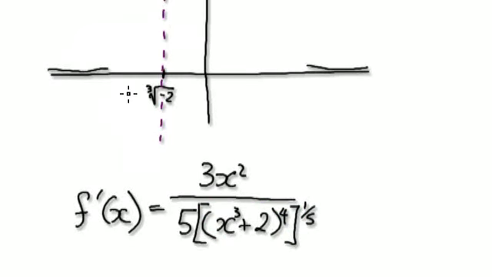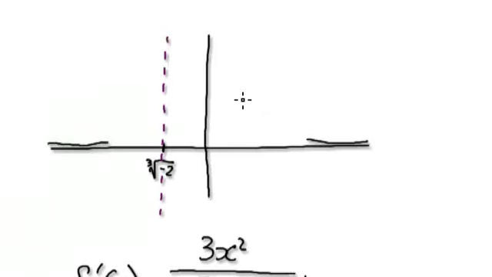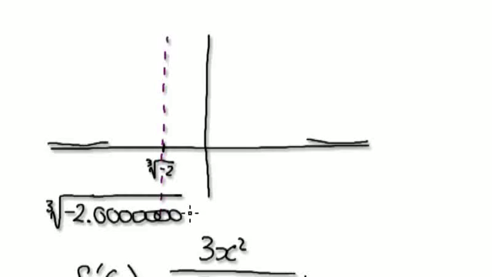Well, anyway, we know something weird happens at this point here. So select a point just to the left. So select this point here, the cube root of minus 2.0000 whatever 1.